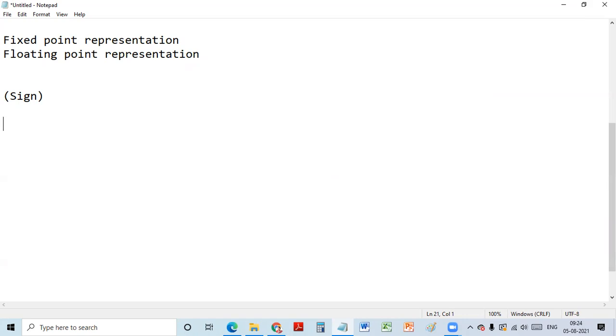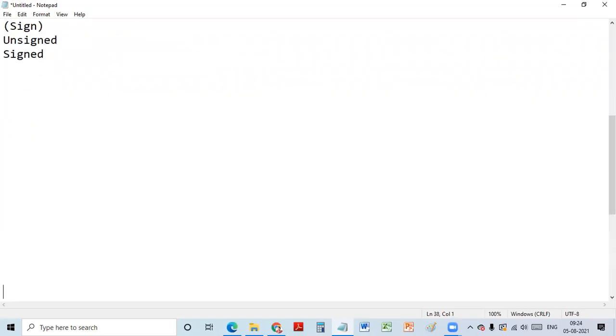Okay. So our numbers can be positive or negative. See, there are 2 types. We call them unsigned and signed numbers. So what is the difference? Unsigned numbers, they will always be positive.